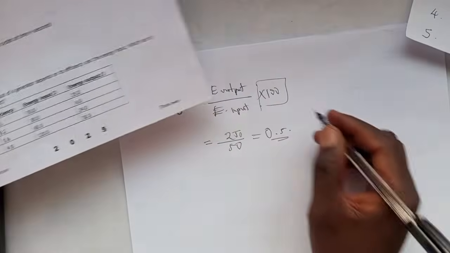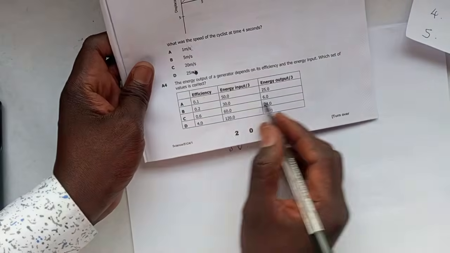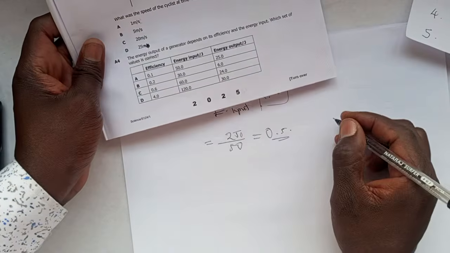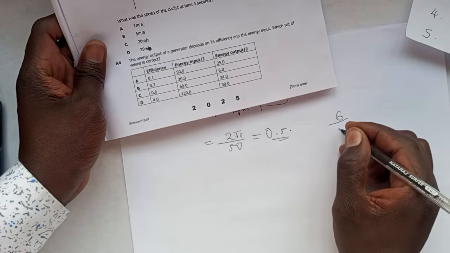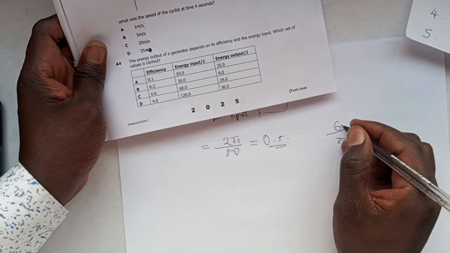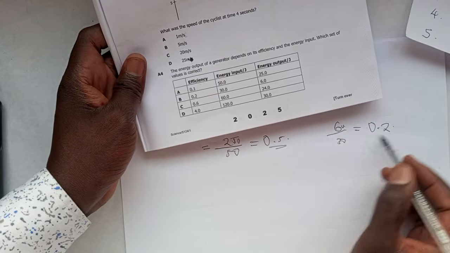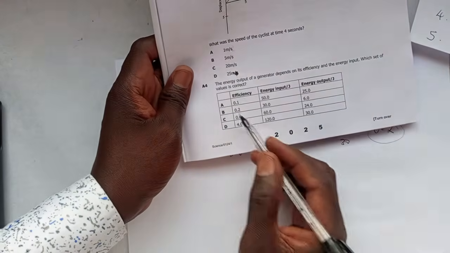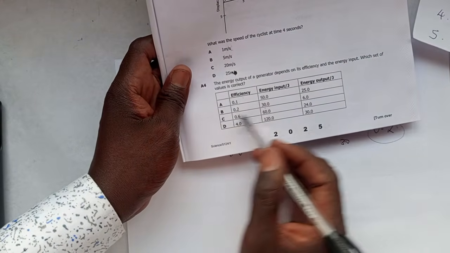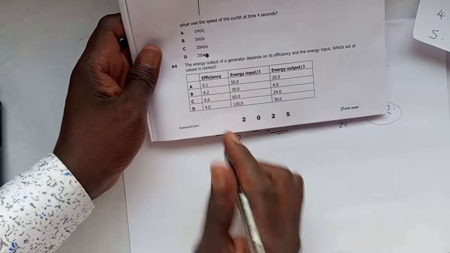Do we have 0.5 here? No. So A is wrong. We go to the other one. If we divide 6 by 30, what are we going to have? This will be 0.2. Do we have the values corresponding to this, 0.2 and 30? Yes. I would suggest B to be the answer. In fact, B is the answer.